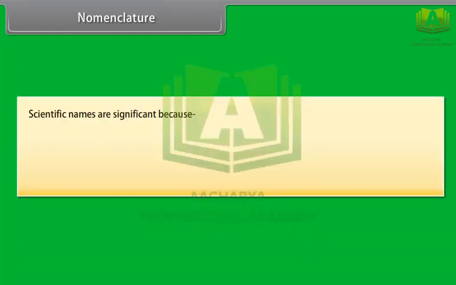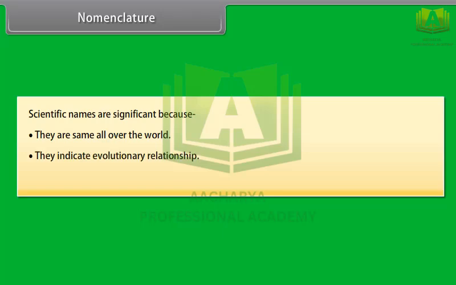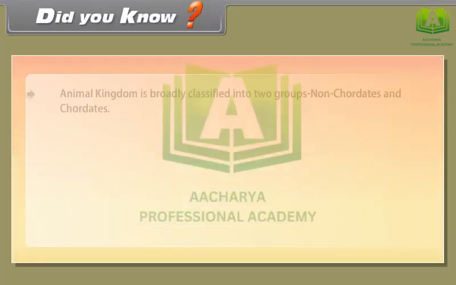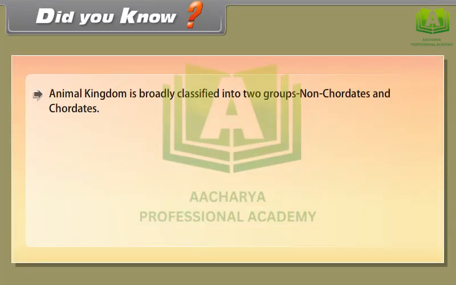Scientific names are significant because they are the same all over the world. They indicate evolutionary relationship. They solve the problem of multiple naming of one organism. Did you know? The animal kingdom is broadly classified into two groups, non-chordates and chordates.